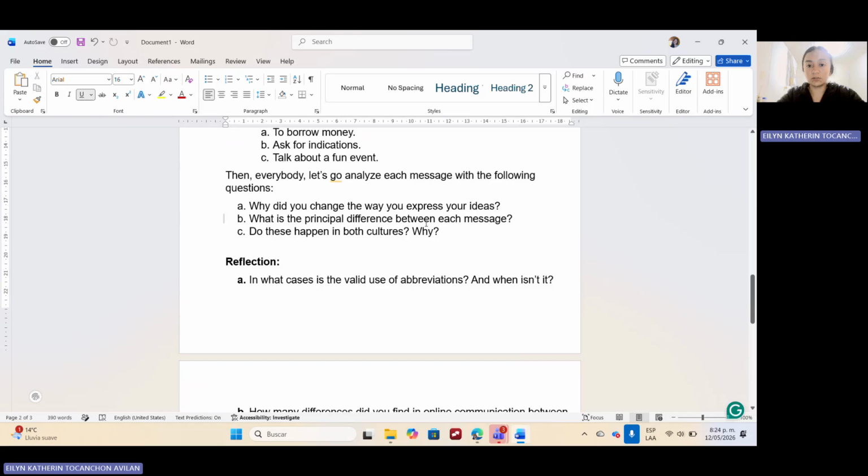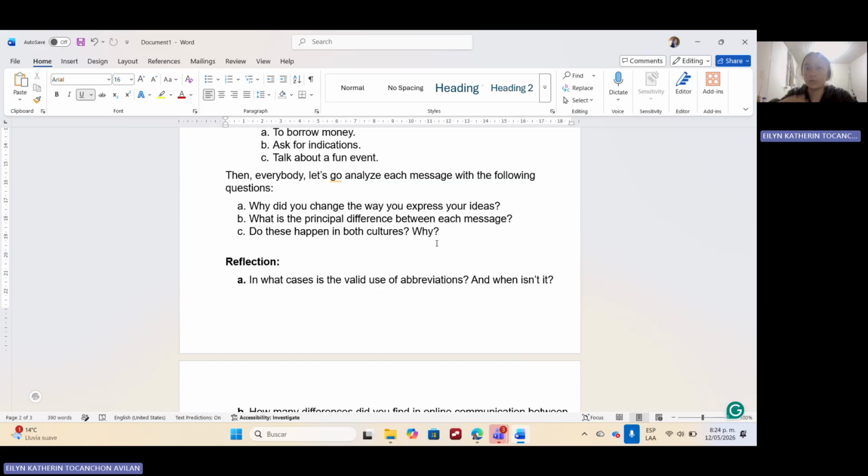What is the principal difference between each message? Does this happen in both cultures? Why? These questions help us understand better the difference between informal and formal communication, abbreviations, or polite expressions, and recognize that English and Spanish in some cases can be very similar.